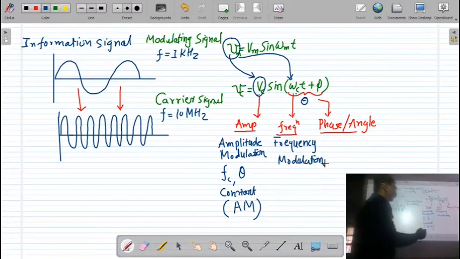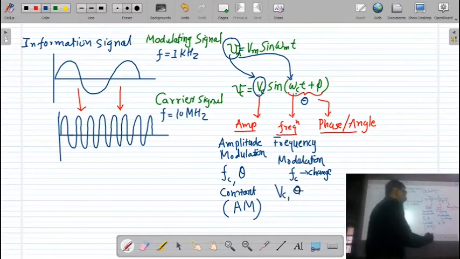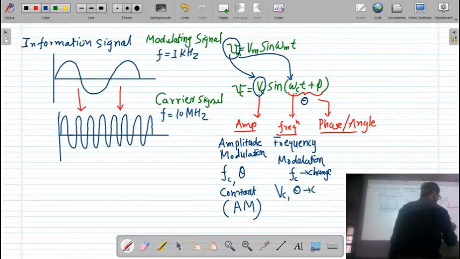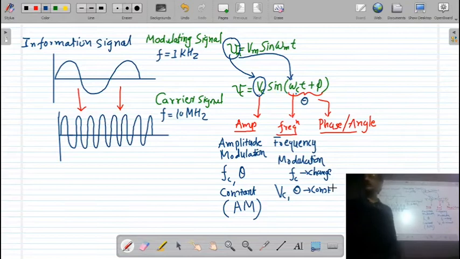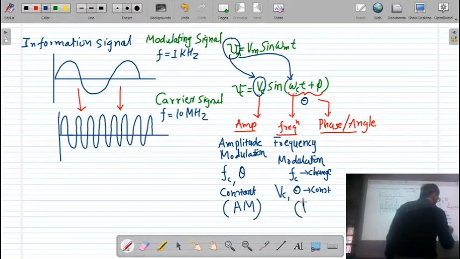In frequency modulation, fc is going to change, but the amplitude of the carrier wave as well as the total phase of the carrier wave is going to remain constant. In short, we call this FM.